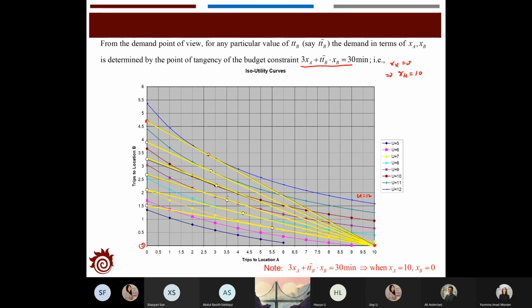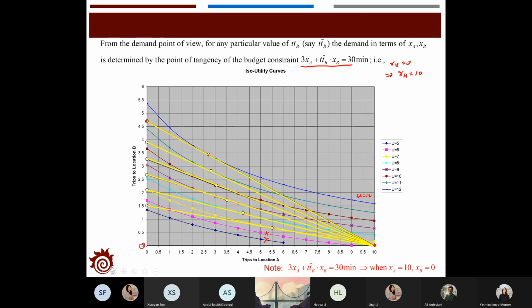You will have 6 lines, 6 tangent points you can find, and 6 intercepts. But for this case, you cannot find the tangent point for utility equal to 5 and 6. They are too small for you to determine.